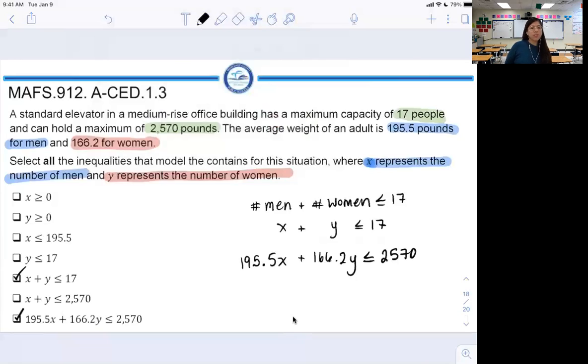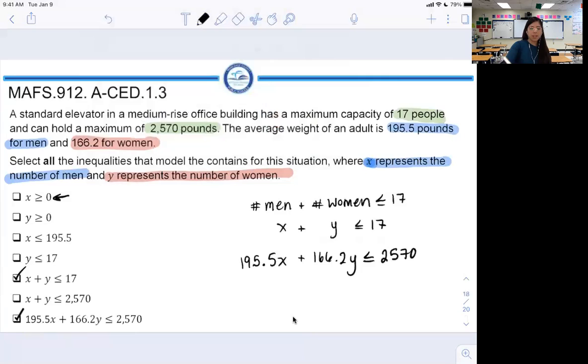But there's a lot more answer choices, so I just want to check what they're saying. Answer choice A is saying that the number of men has to be greater than or equal to 0. Yeah, that makes sense, because you can't have a negative number of people.